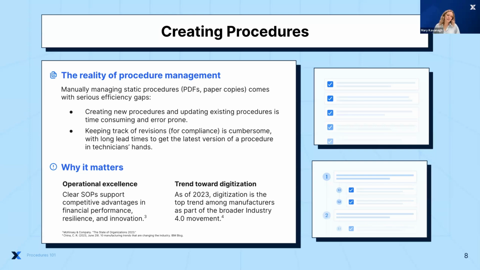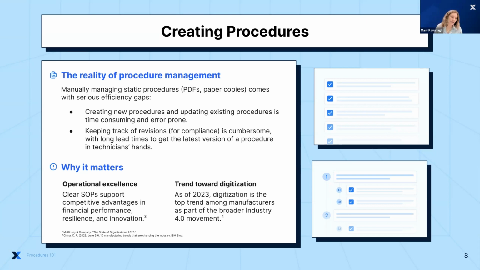Why does this matter? Well, firstly, operational excellence. Clear SOPs support competitive advantages in financial performance, resilience, and innovation. That is to say, companies with clear and well-managed SOPs perform better. Secondly, there's a trend overall towards digitization.